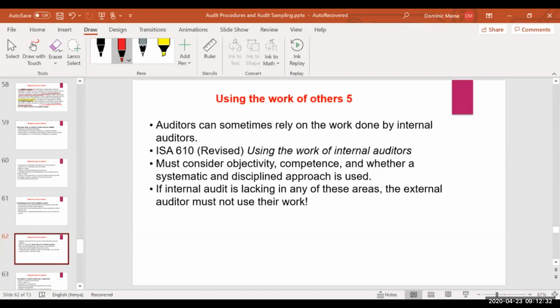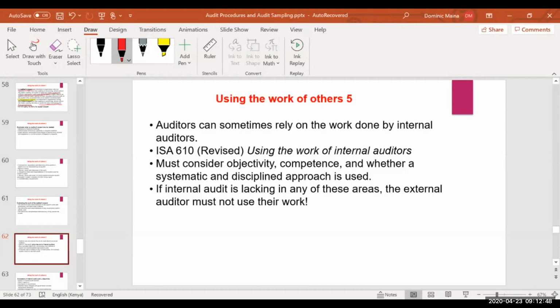We shall have a simple recap here. It is possible for you as the external auditor to rely on the work of the internal auditor.